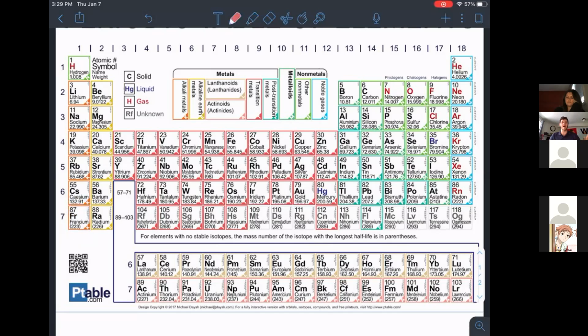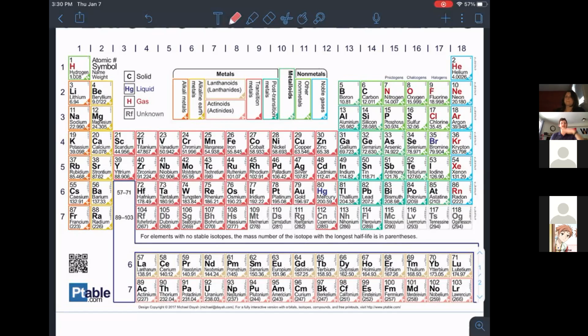What else do we know about atoms, about the periodic table, about how it's set up? What else do we know about it? What other information can we pull from the periodic table? There are 7 periods and 18 groups.